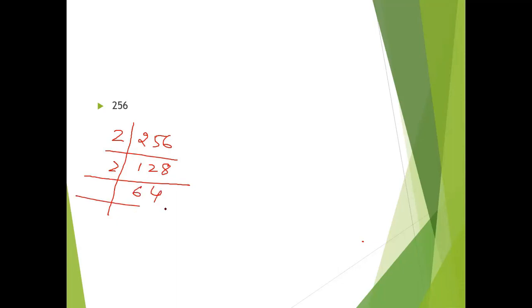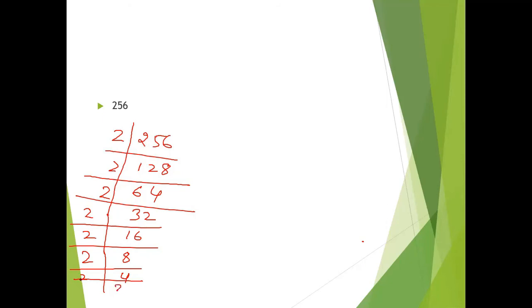Now 256. For 256, let's do its prime factorization, starting with smallest number 2, 128, again 2, 64, again 2, 32, again 2, 16, again 2, 8, again 2, 4, again 2, 2, again 2, 1.